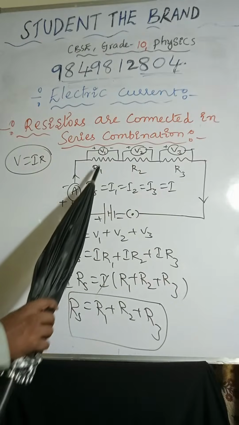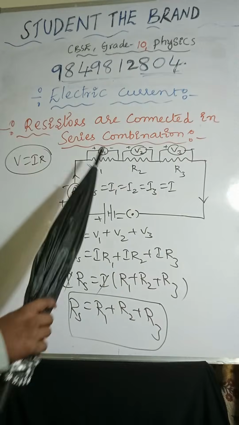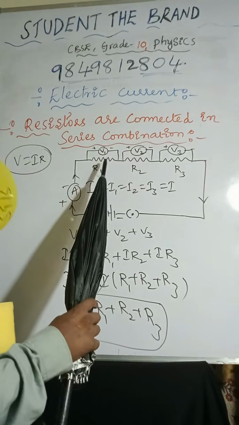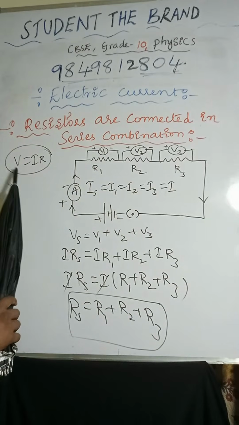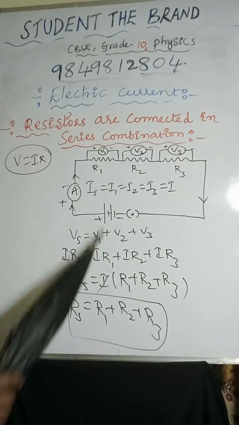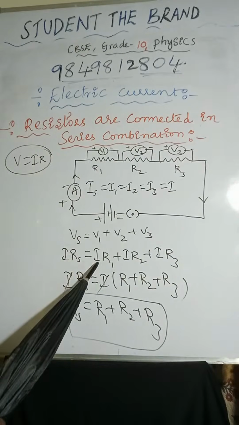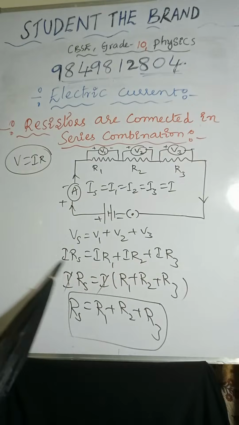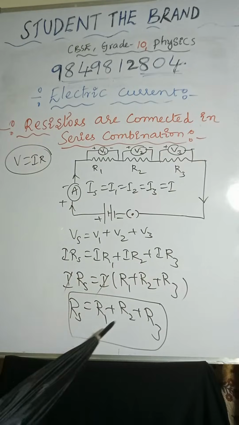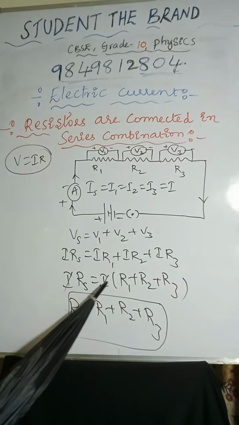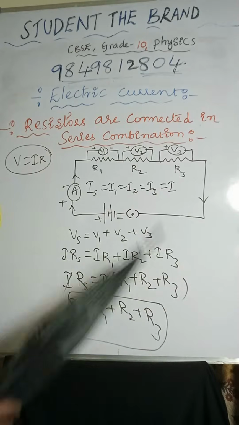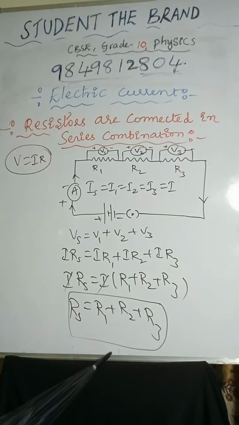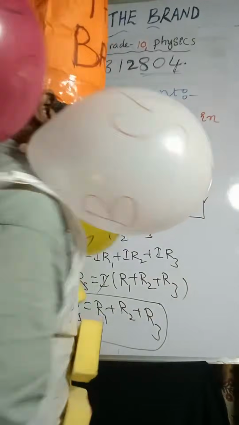From Ohm's law V equal to IR, so IRs equal to IR1 plus IR2 plus IR3. I we can take common and it gets cancelled. So Rs equal to R1 plus R2 plus R3. So this is about resistors connected in series combination. Coming to resistors connected in parallel combination.